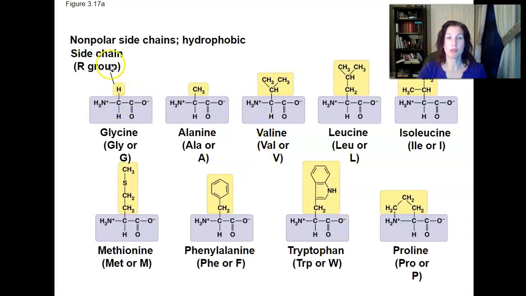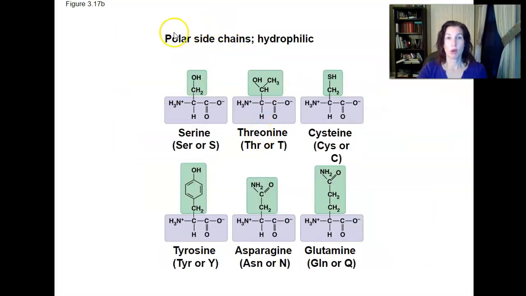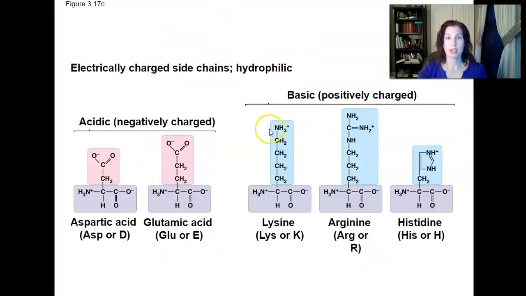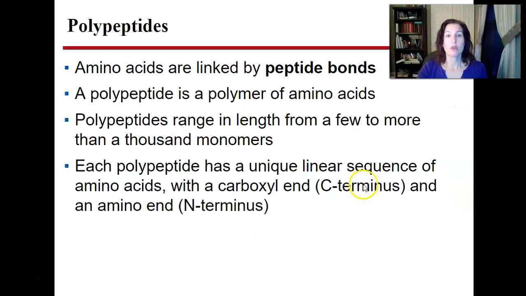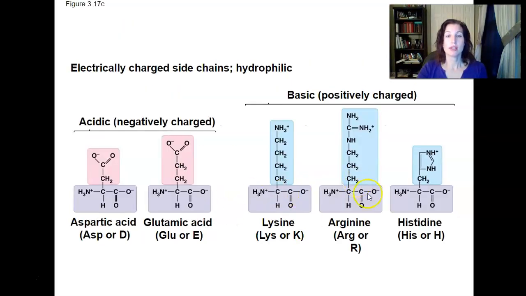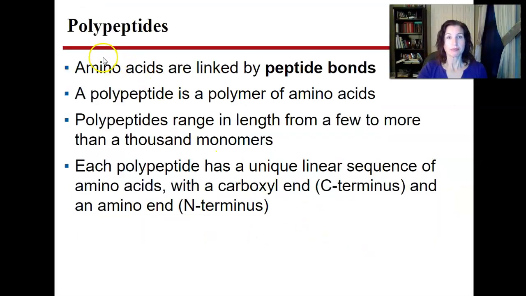Those R groups can be nonpolar or hydrophobic. They could be polar, which would make them hydrophilic, or they could be acidic or basic, which would give them a negative or a positive charge. So just remember that this determines the structure of the protein, and I'll get back to that in a minute.